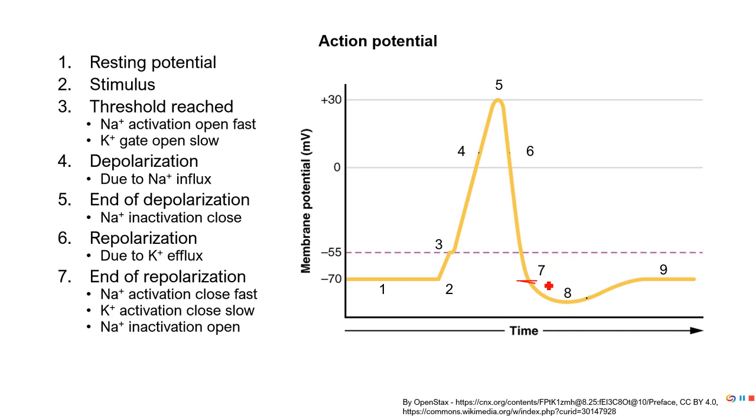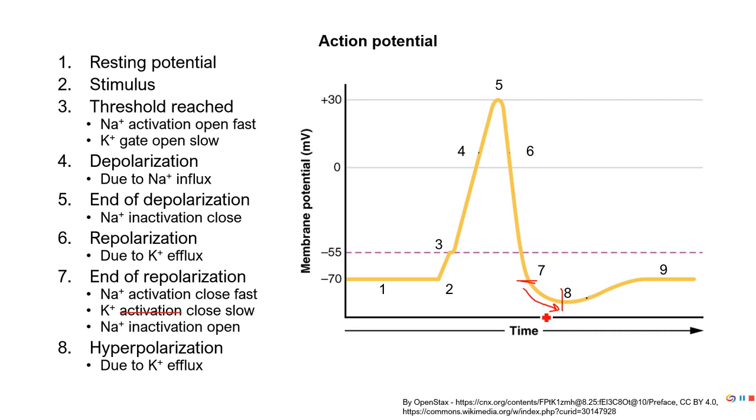The sodium activation and the potassium activation gates, we're just going to call it potassium because it's one gate, they close. The sodium inactivation reopens. But because the potassium gate closes slowly, we have hyperpolarization. So from here to here, that's due to potassium leaving the cell.